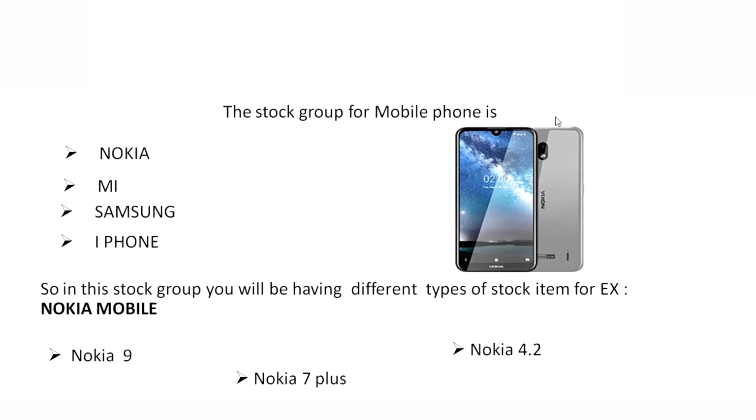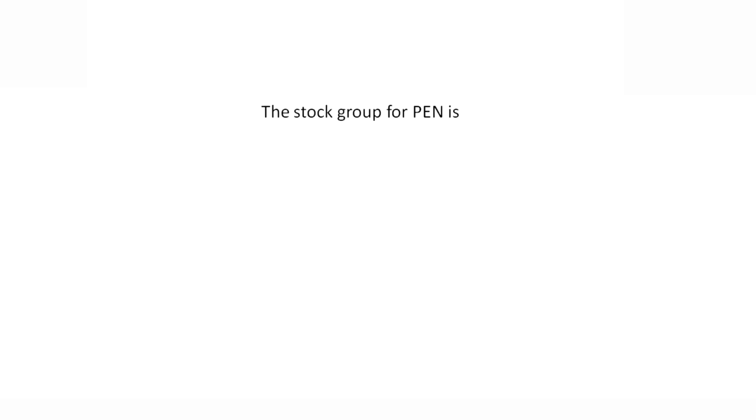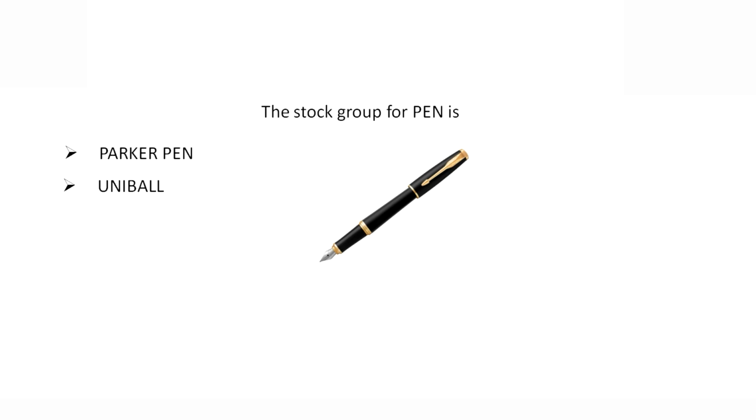Next we go with one more example for a better understanding. We go with pens. What are the different types of pens we have? We have Parker pen, Uniball, Cross pen, and Zebra pen. These are the branded pens I've taken in our example.